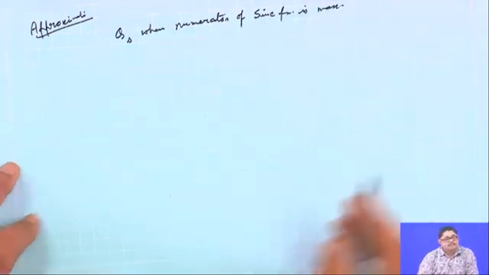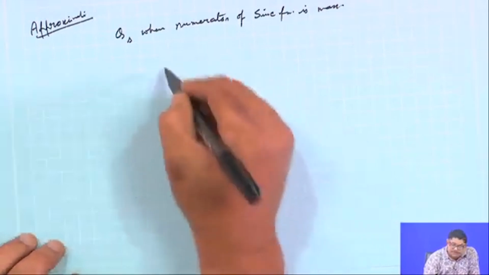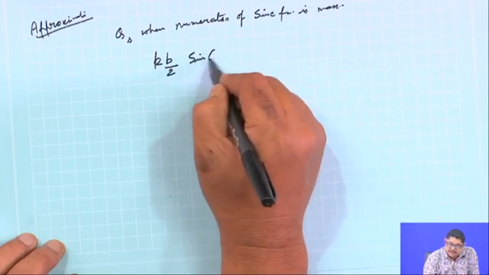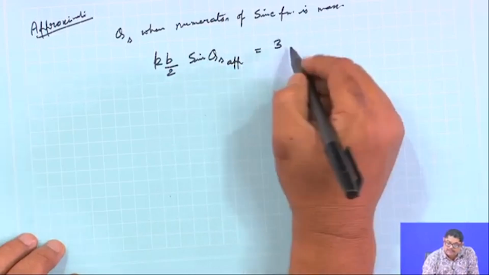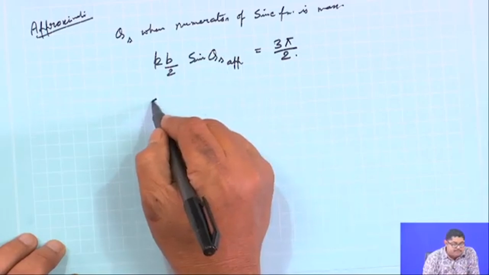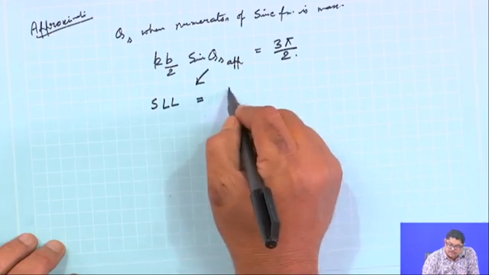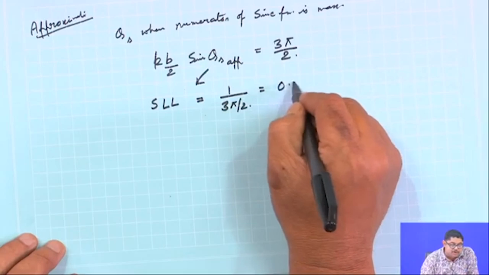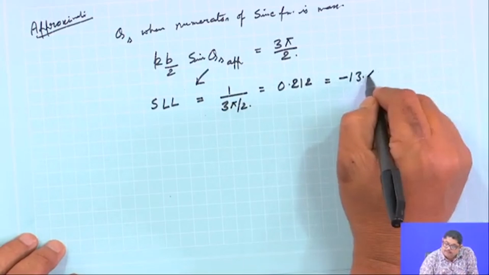This is not true, as we have seen that at this value of sinc only you get it, but approximately you can put kb by 2 sin theta s, I am writing approximate, and that will occur at 3 pi by 2 maximum. So, from here, SLL turns out to be 1 by 3 pi by 2, and that is 0.212, and that is minus 13.47 dB.